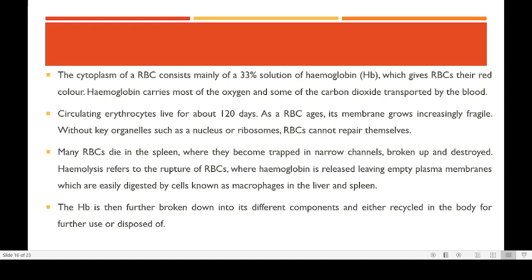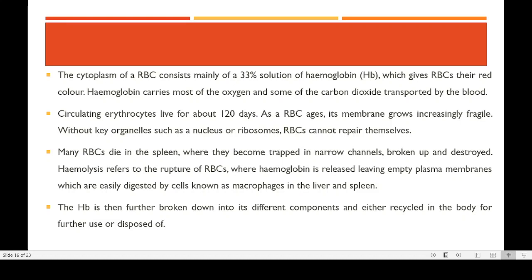As RBC ages, its membrane grows increasingly fragile, or weak, and without key organelles, RBC may not be able to repair that. So at the end of 120 days or 4 months, RBC usually dies, and that dead RBC will be utilized for the formation of new substances in our body.